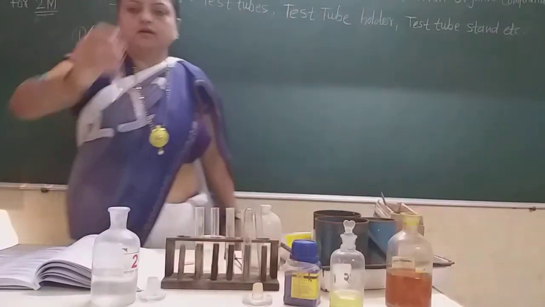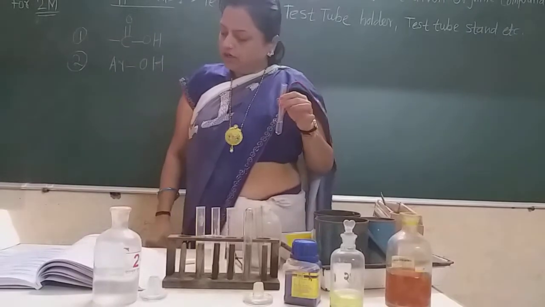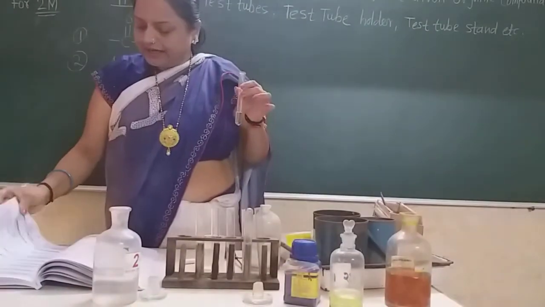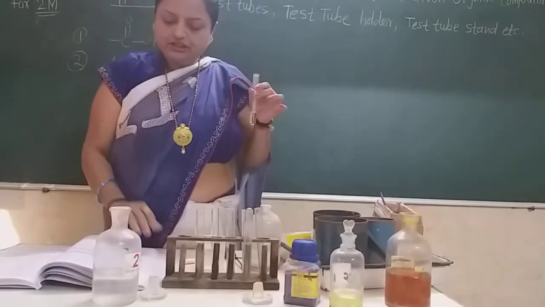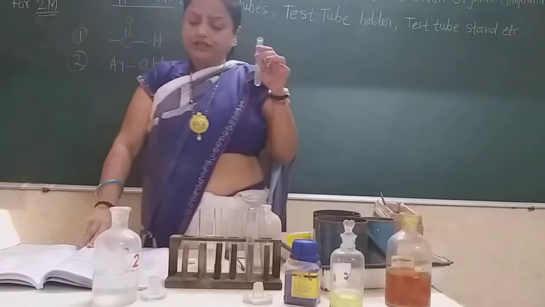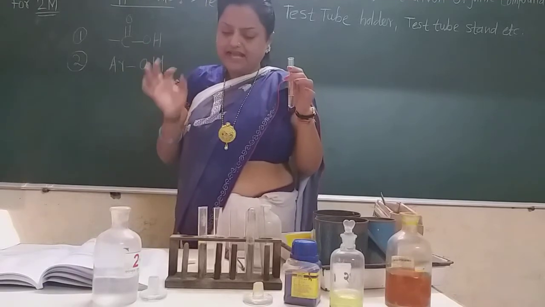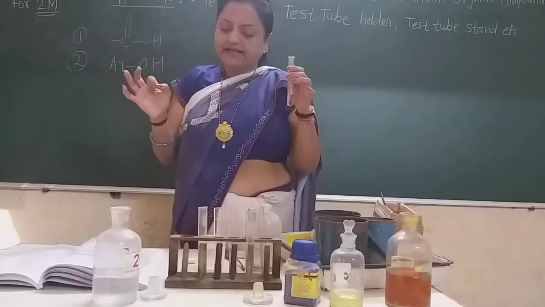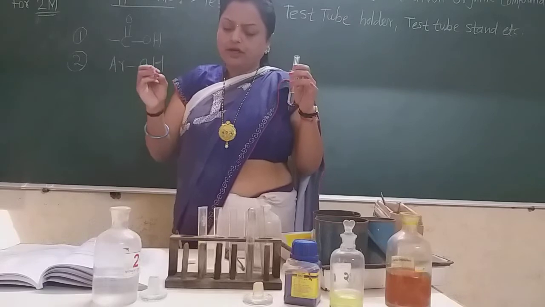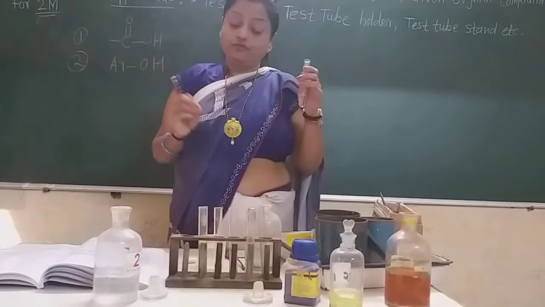Now this is the given organic liquid compound. The test I have to take here first is that of the ketonic group. If it is a ketone, then after adding a few drops of NaOH, sodium hydroxide, and some drops of sodium nitroprusside solution, a red color will be there.